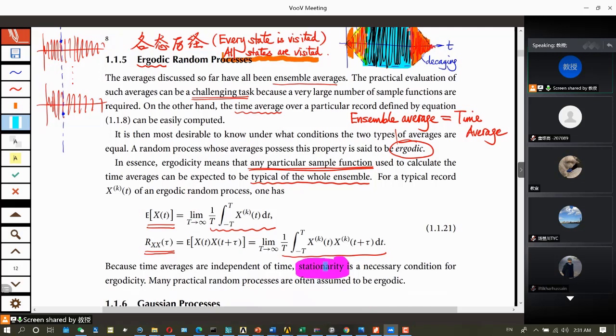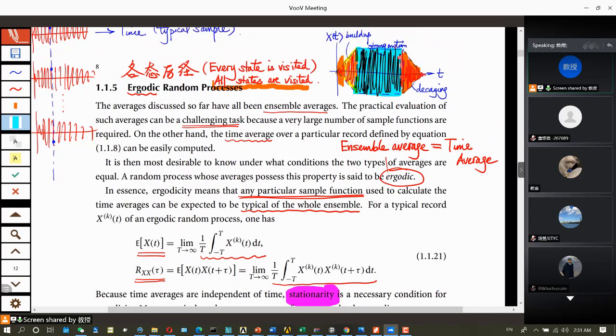We will study this later, so you can see from here, all the possible states are visited in the strong motion phase. Okay, so this portion can be approximated as stationary. If it's stationary, it also looks like ergodic. Okay, use this to test.